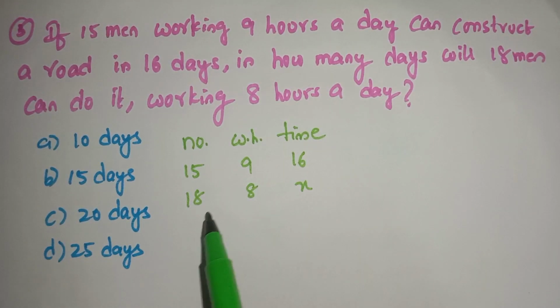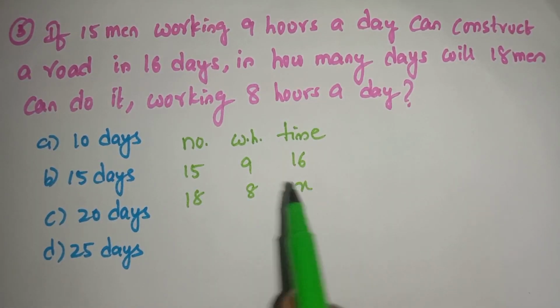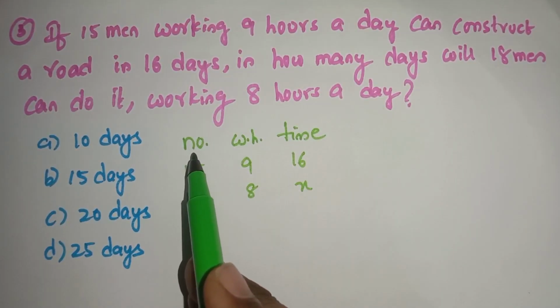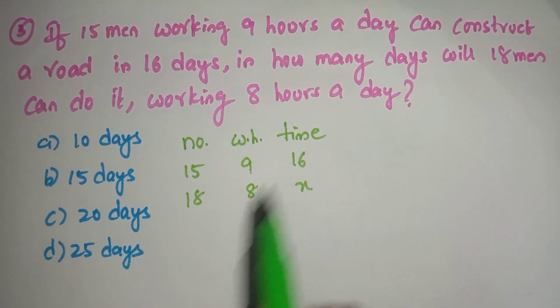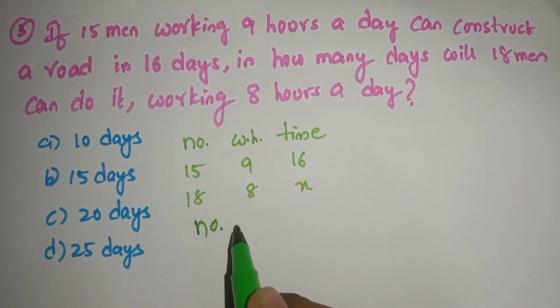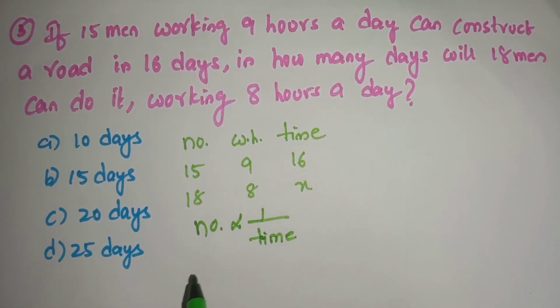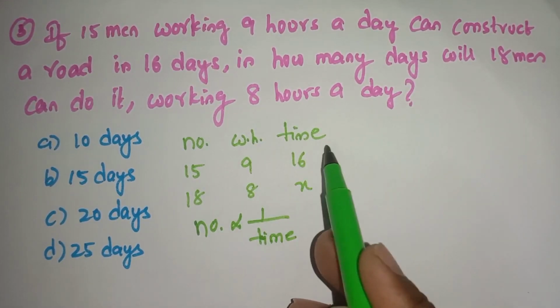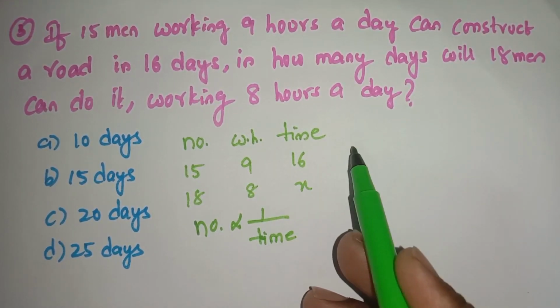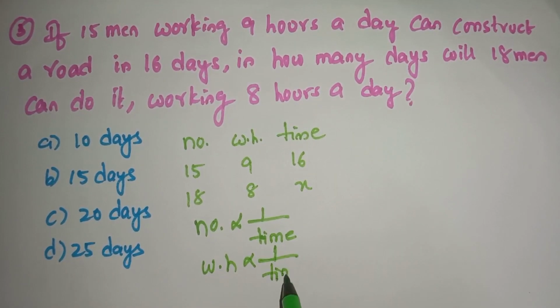Similarly, 18 men working 8 hours a day can complete that same task in x days. If the number of men increases, then the time taken to complete the given task decreases. Thereby, we can write number of men is inversely proportional to the time duration. Similarly, if the number of working hours is more, then the time taken to complete the same task decreases.